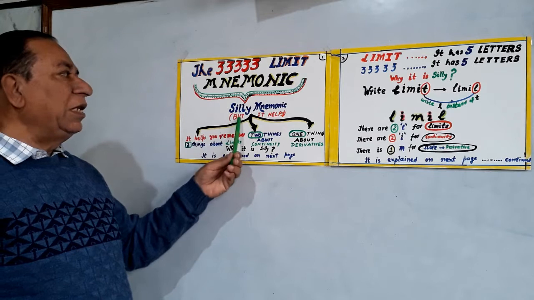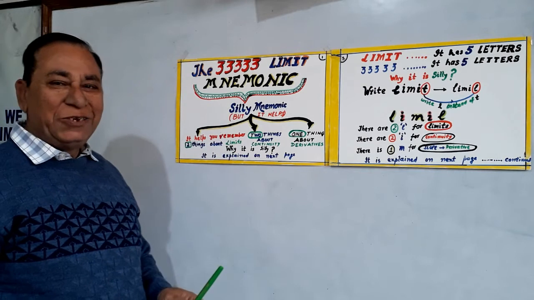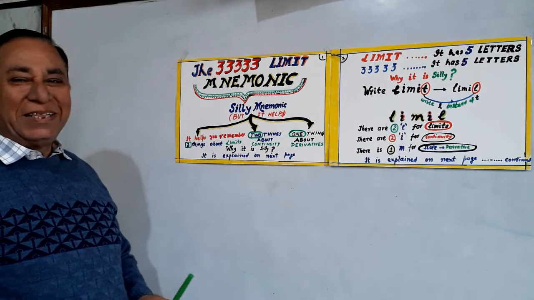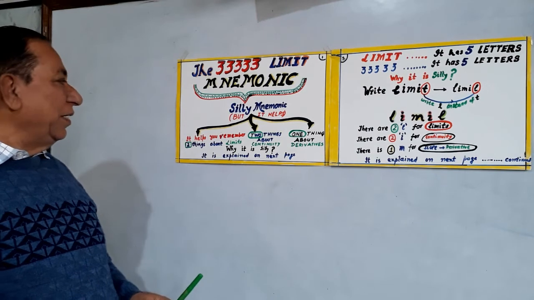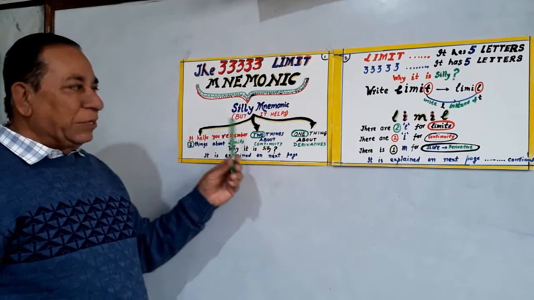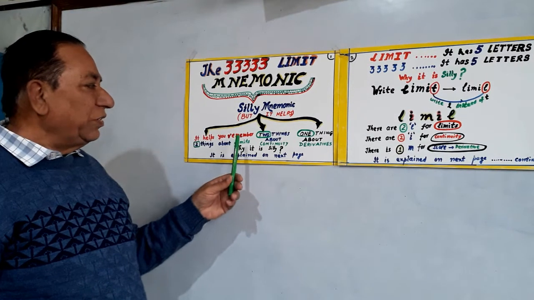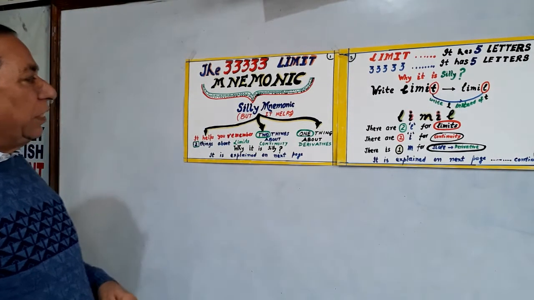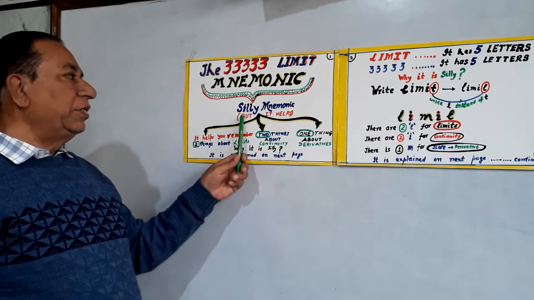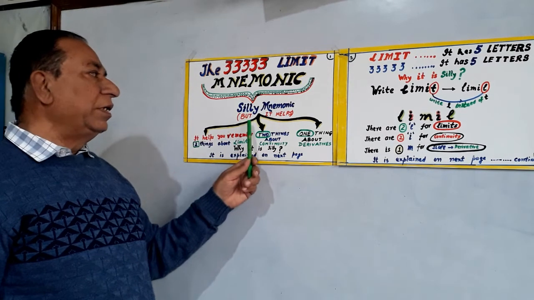This mnemonic is a silly mnemonic. You will laugh at it. Why the name is silly, I will be explaining at a later part. Actually, this silly mnemonic helps you.